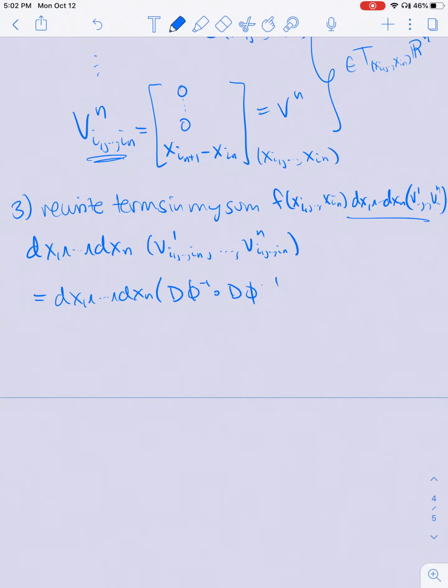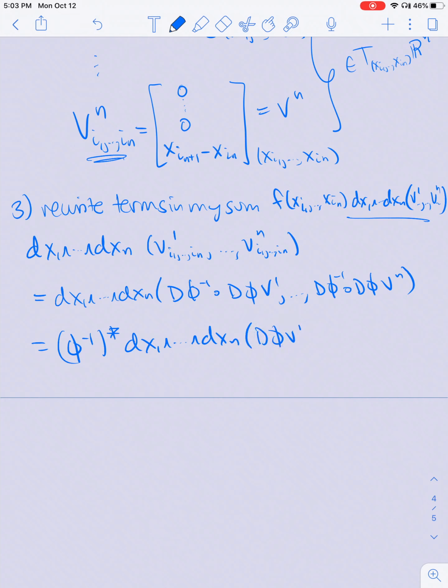So I'm just applying d phi inverse composed with d phi to each of these vectors. They're all the identity, so it doesn't matter. Now, this is exactly how I write phi inverse pullback of dx1 wedge all the way out to dxn of d phi v1 all the way out to d phi vn. So that's just a different way to write this term here.